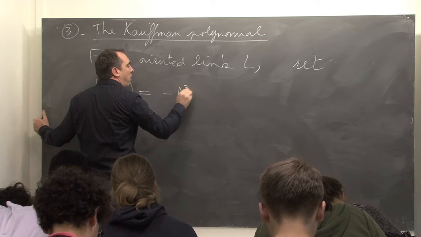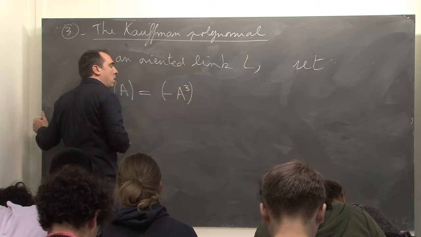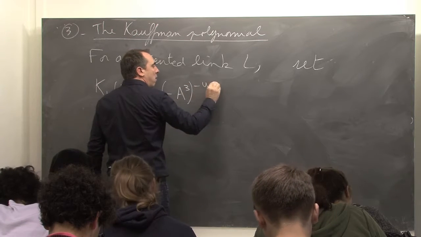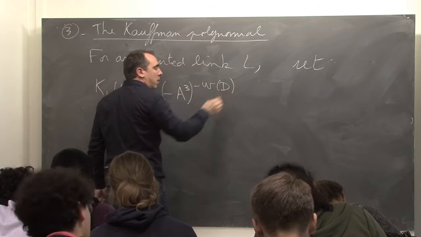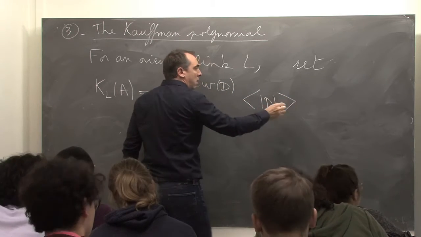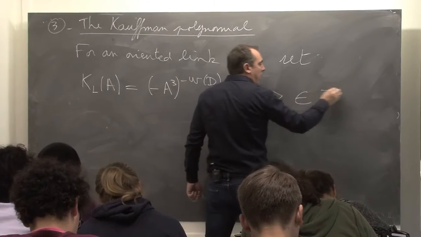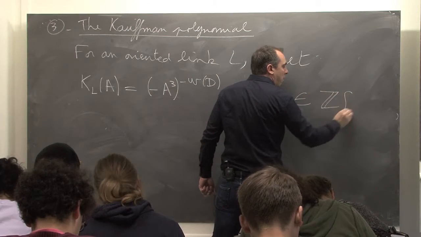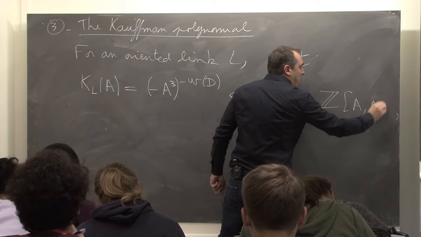is negative A cube to the minus the writhe of D, times the bracket polynomial of D. So this is a Laurent polynomial in A inverse.